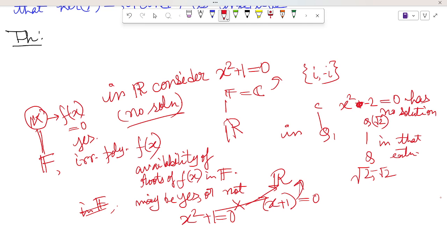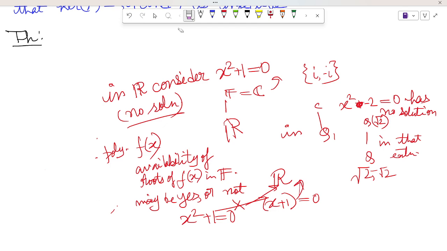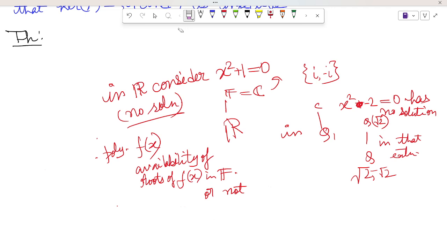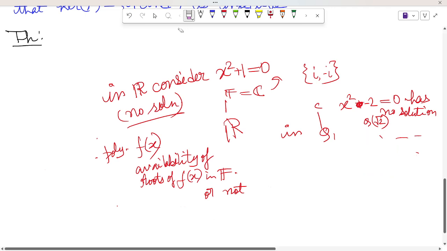In this theorem I will just prove the existence of that field. The field might look confusing, but sometime later I will give a beautiful structure of the field, so don't panic.